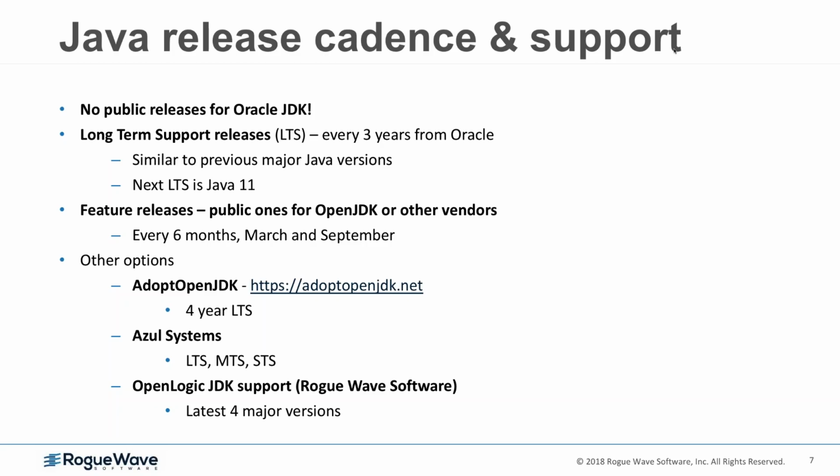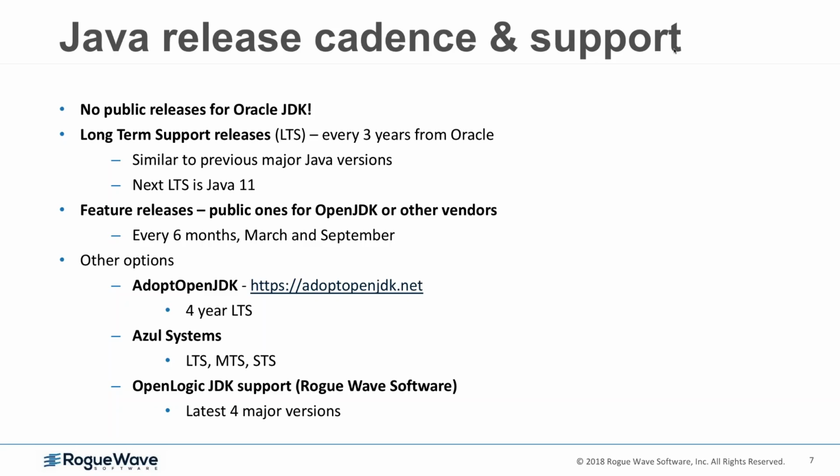And also there's an offering from Rogue Wave. Rod, maybe you want to talk about the OpenLogic JDK support a little bit more. Yeah, Tom. Rogue Wave has the OpenLogic brand, which is the company I founded. I've been part of Rogue Wave for 5 years, and we've been supporting the largest enterprises in the world on a lot of different open source packages for the last 12 or so years.